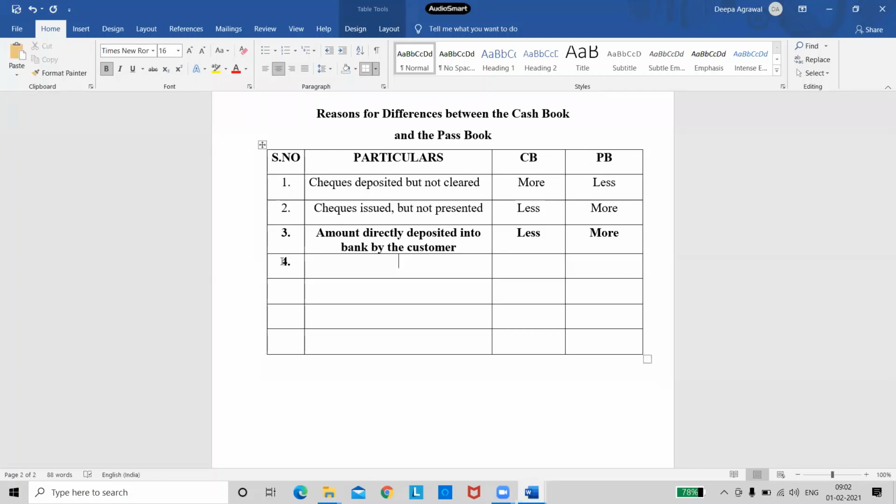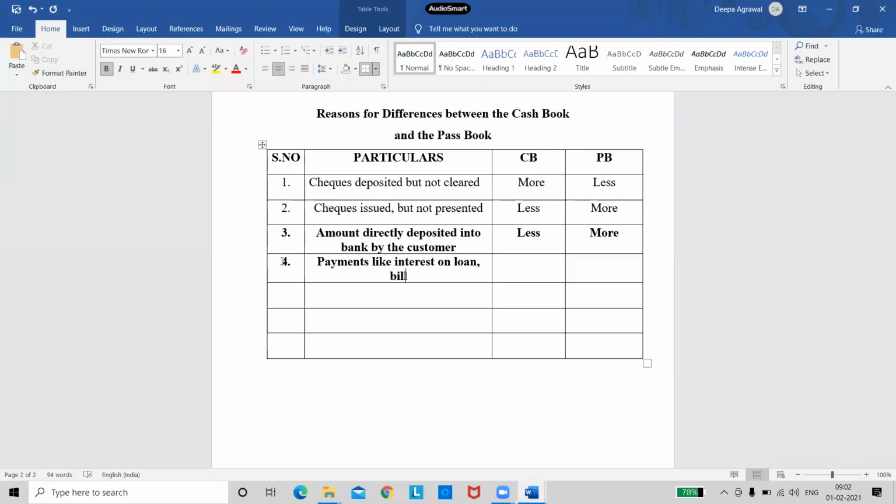Now, payments like interest on loan, bills, etc. directly paid by the bank.